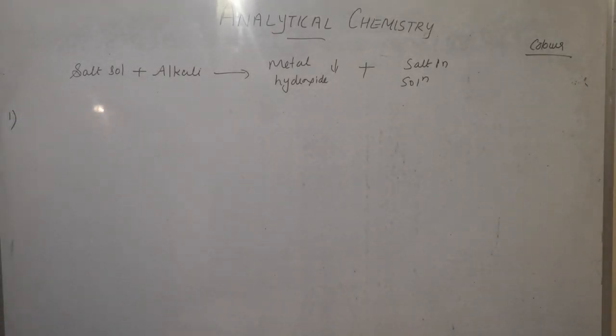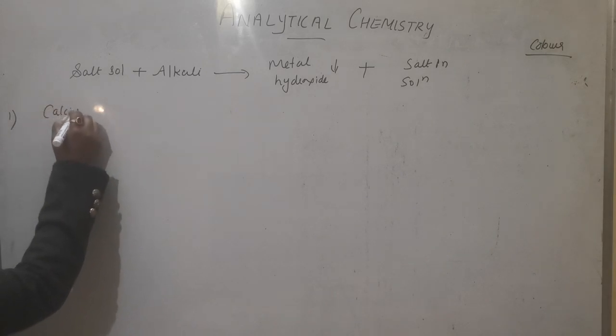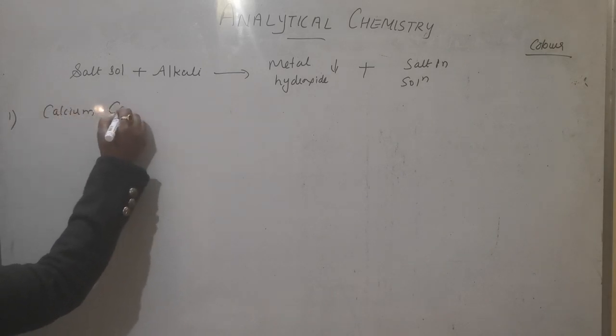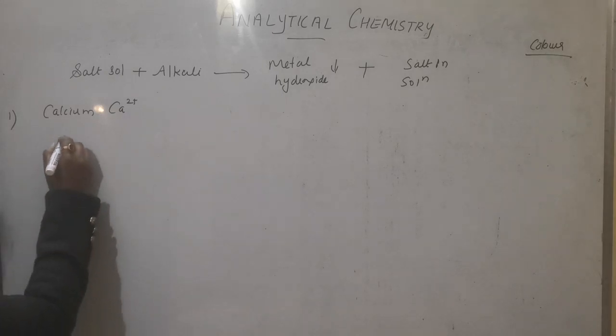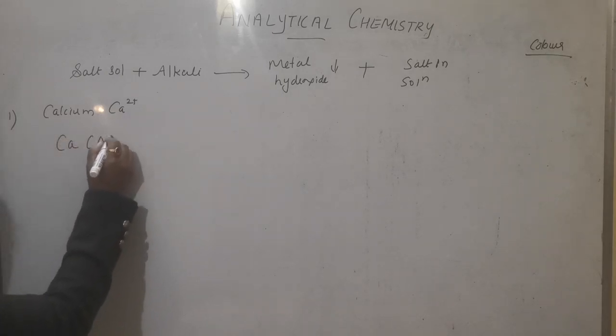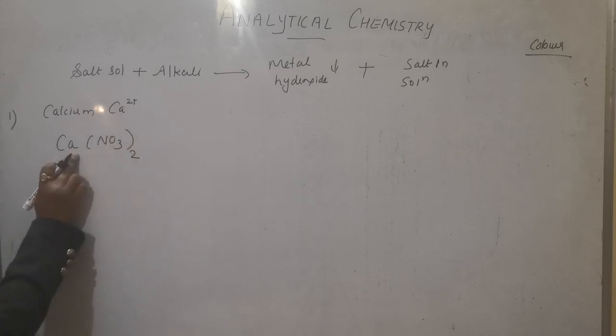First, the salt we will take is of calcium. We know that its valency is 2. And what calcium salt will we take? We will take calcium nitrate. Valency of calcium is 2, valency of nitrate is 1.